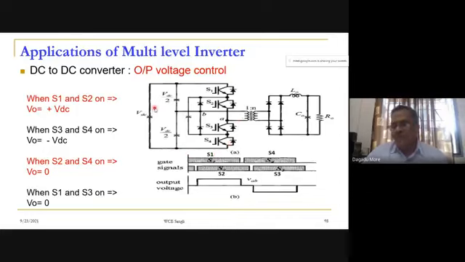Then we are having a transformer, maybe step up or step down, and then we are having a diode bridge, and then an LC filter.